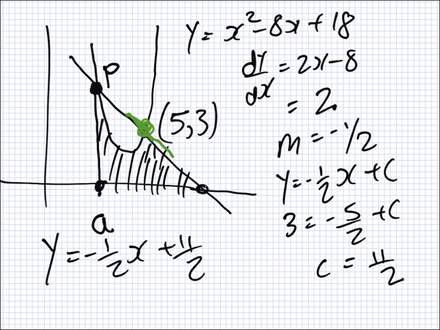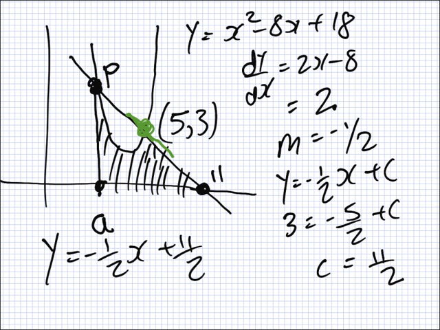Now how do I find this point? Put y equal to 0 and you'll get x will be 11. Okay. Now, how can I get this point P? How can I get P?